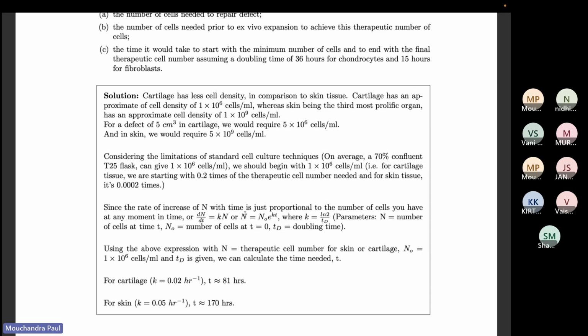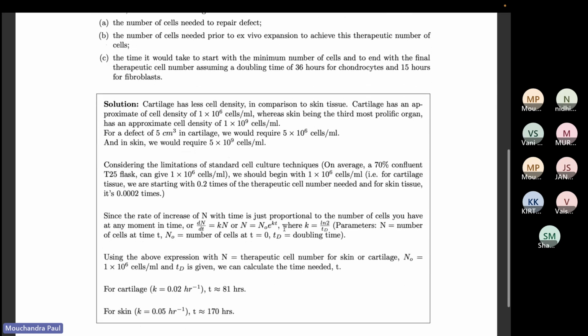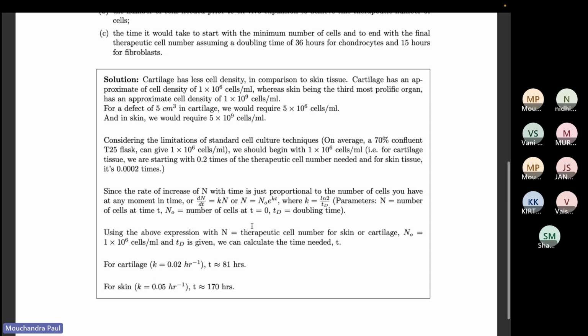I have given this calculation completely, but for part C you had to recall the concept of the cell growth equation. I think you have studied it in bioreactor analysis and similar courses, which teach how cell growth is described mathematically, and cell death is also described using constants and differential equations. If you applied that knowledge, you could have easily calculated the time it takes to reach the final therapeutic cell number, and the doubling time was also given. Here I have done this calculation.